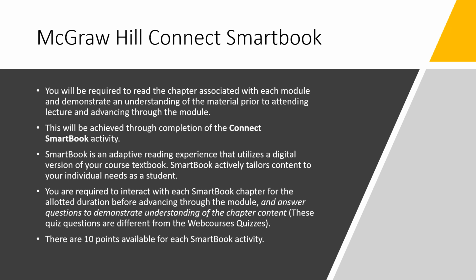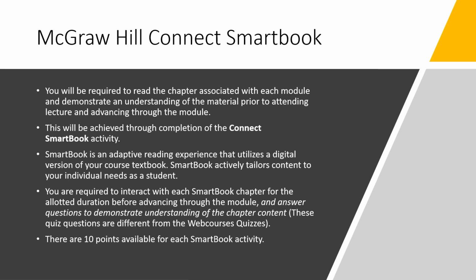So the McGraw-Hill Connect SmartBook activities, there will be 11 of these across the entire semester, are essentially designed in order to provide you with some opportunities to get familiar with some content before we dive into it in a much greater or more detailed sense. So these activities are going to be due the night before the lecture that will cover similar material.